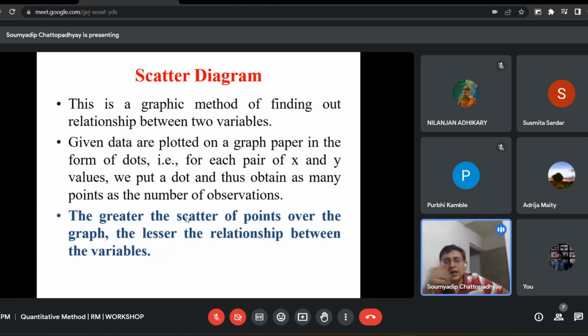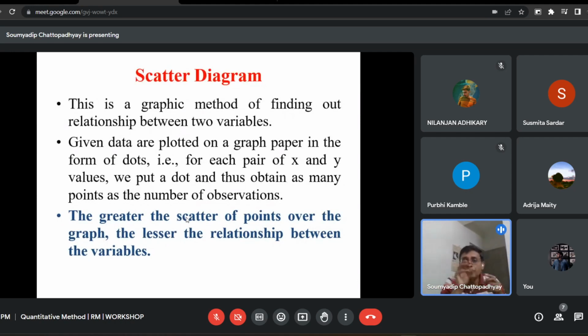For example, if you are interested in examining the relationship between the age and blood pressure of a particular group of people, then corresponding to individual 1, you have information on his age and blood pressure. For individual 2, again you have information on his or her age and blood pressure, and so on and so forth. That means corresponding to every individual, you have one pair of x and y values.